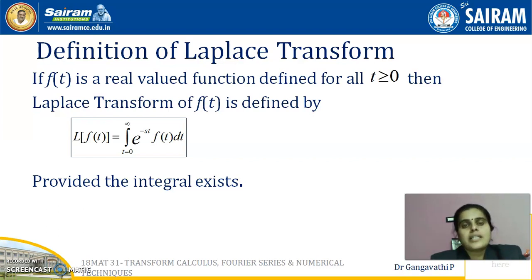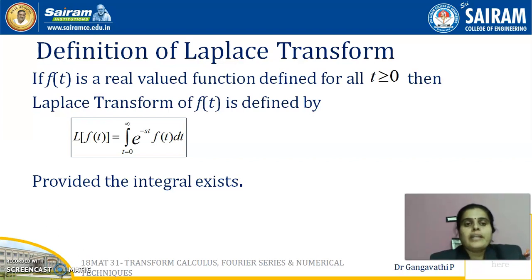Here let us consider that real valued function f of t. If this f of t is a real valued function and it has been defined for all positive values of t, so t must be greater than or equal to 0, then the Laplace transform of f of t is denoted and defined as L of f of t, which is nothing but Laplace transform of a function f of t, and it has been defined as the integral over t from 0 to infinity.